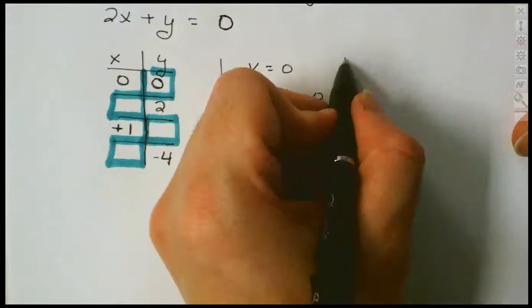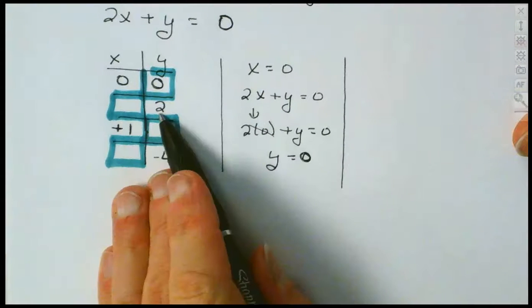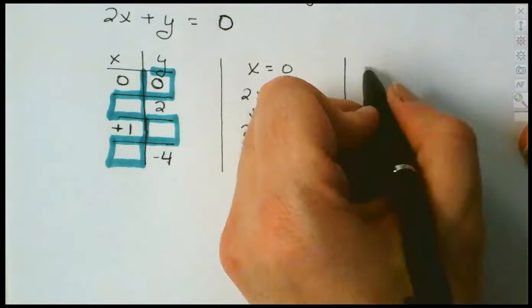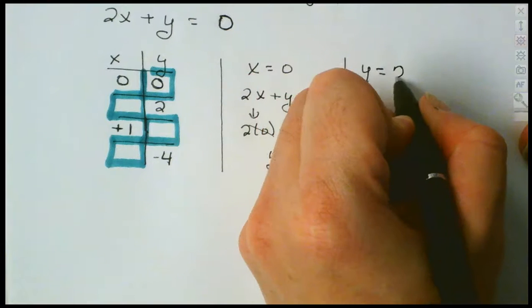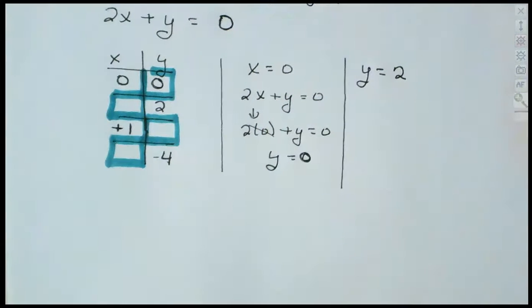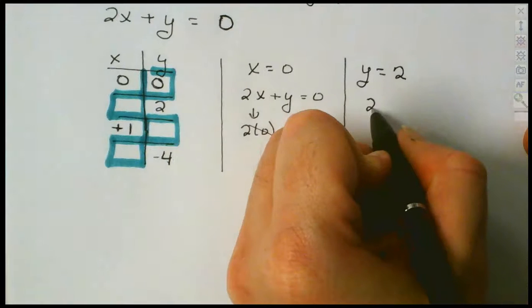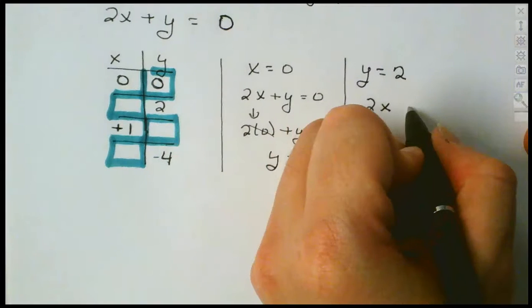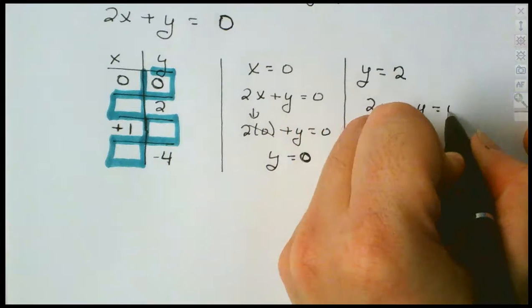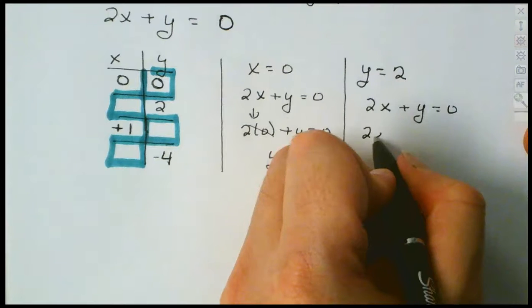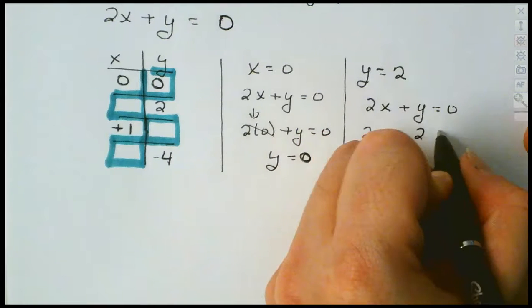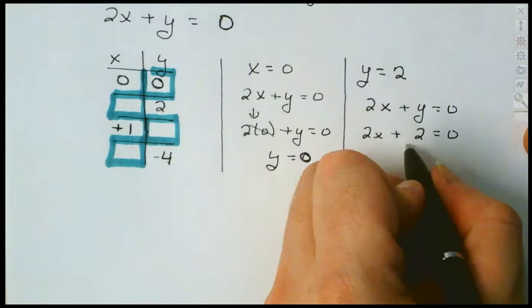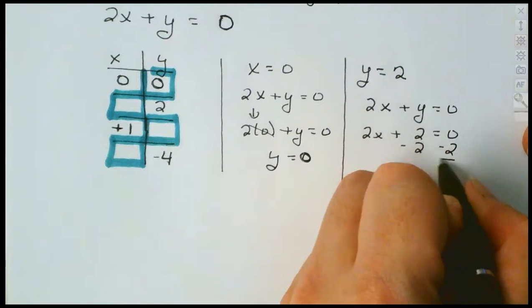We'll do the next one. For the next one, we're going to plug in y equals 2. So if I plug in y equals 2, then I get 2x plus y equals 0 again. So I'm going to plug in that 2. Move my 2 over.